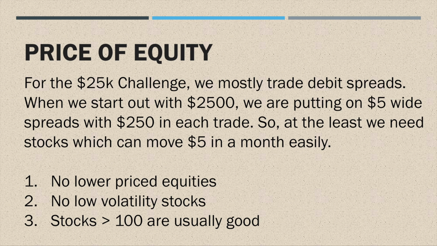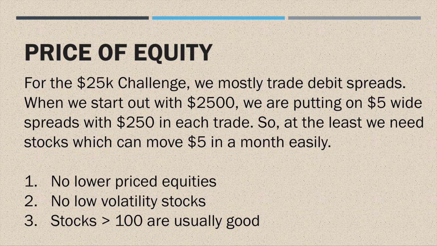If it's a $10 wide spread, it will cost you $500. So when you're putting on the trade and you're risking $250, the goal of the trade is that the stock should move at least $5 in the next 30 days. Because we have that requirement of the stock moving at least $5 in 30 days, that is the reason why we cannot trade lower priced equities.